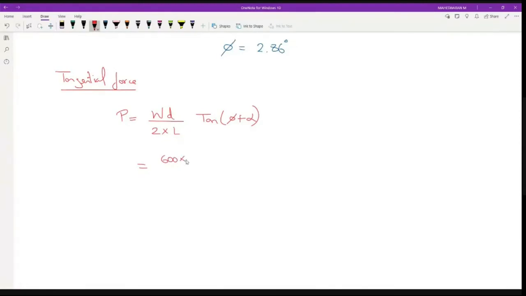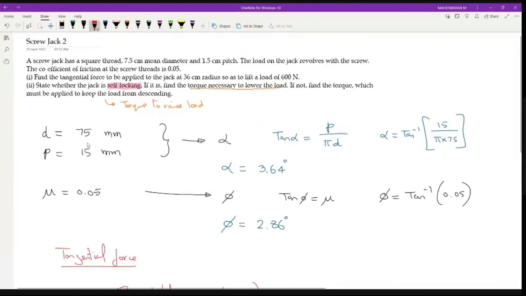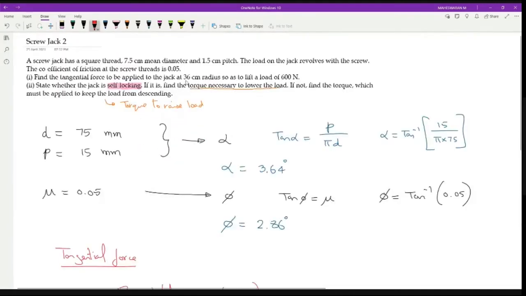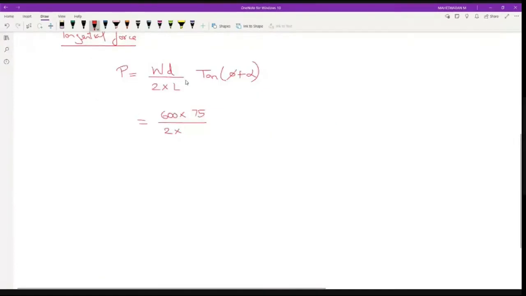into what is your L? So D, diameter, is 75. No change in that. Divided by 2, into L, the handle radius, the handle location, which is 360.